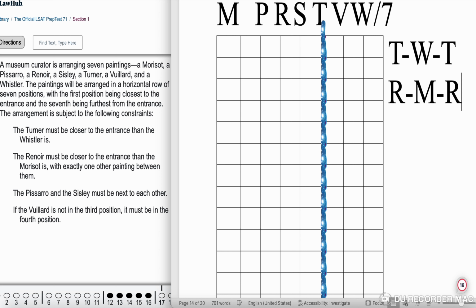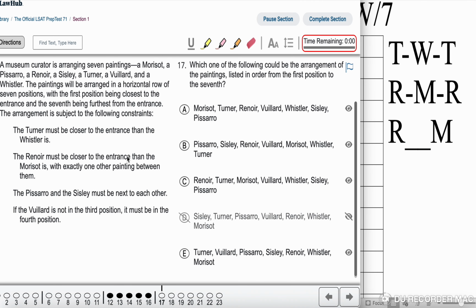What that means is that we need to keep in mind that R and M are going to have 1 painting between them, and we don't know which painting that is. So let's look for where R is closest to the entrance and there's 1 painting in between. So I'm just closer. Let's get rid of that one right now.